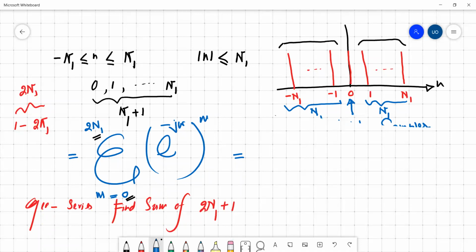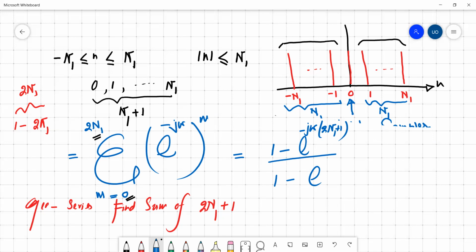So then it becomes 1 minus. You just refer to the properties of the geometric series. How do you represent the sum of n terms? We have 2N1 plus 1 terms. So the common term to the power of the number of terms, the number of terms being 2N1 plus 1, divided by 1 minus e to the power minus j omega.